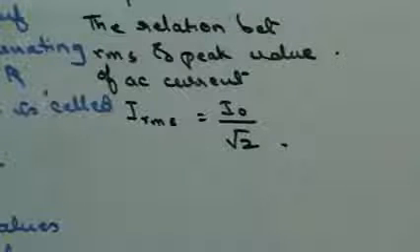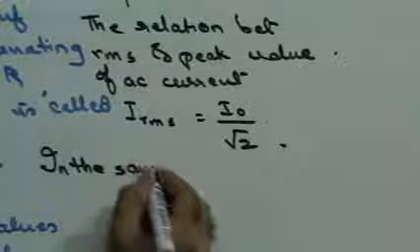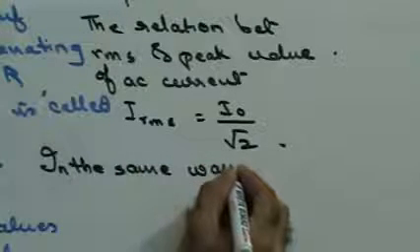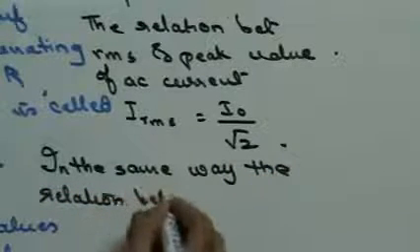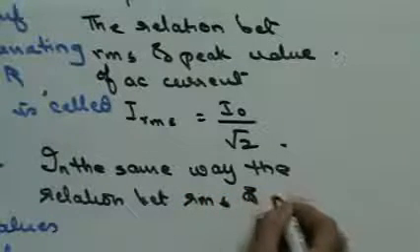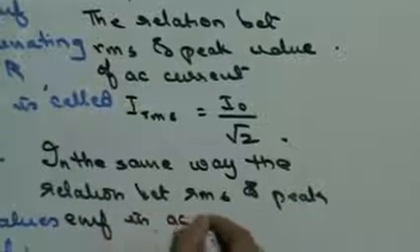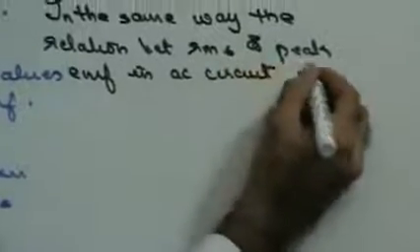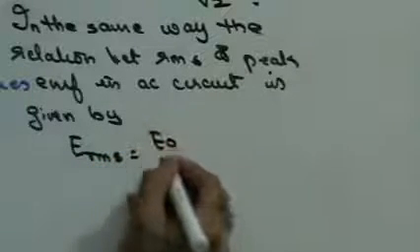In the same way, the relationship between RMS and peak EMF in an AC circuit is given by ERMS equals E0 upon root 2.